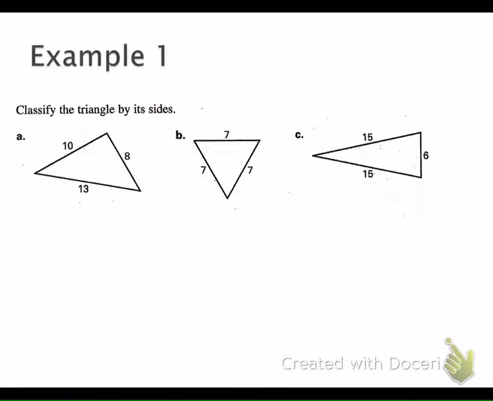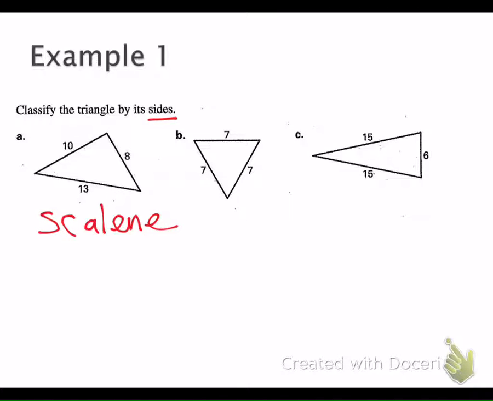So when you're classifying by the sides, you want to ask yourself, how many of the sides are congruent? In the first one, none of those are congruent. We call it a scalene triangle. In the second triangle, all of them are congruent.